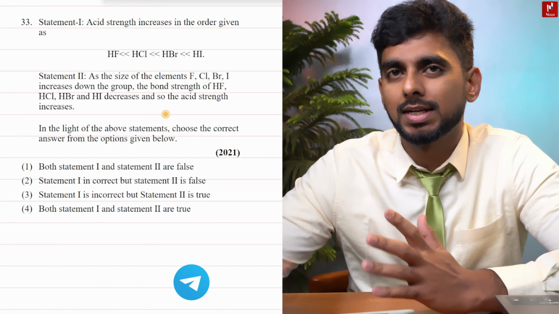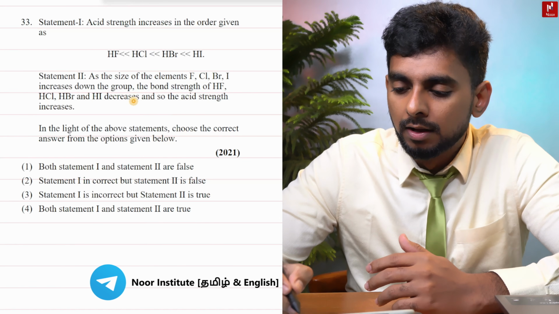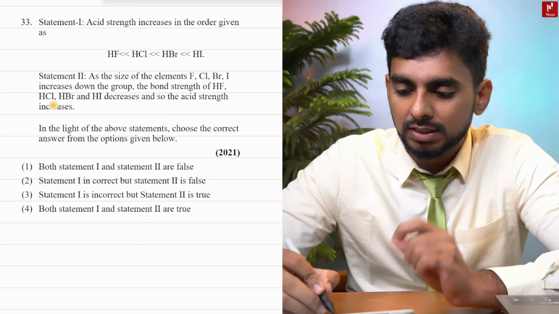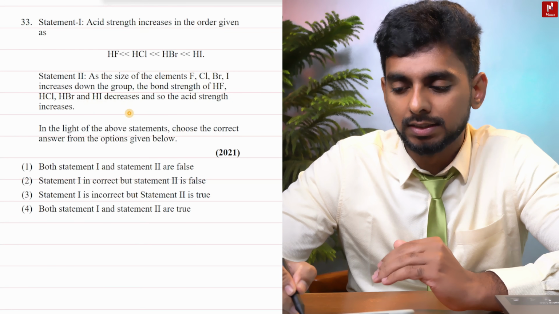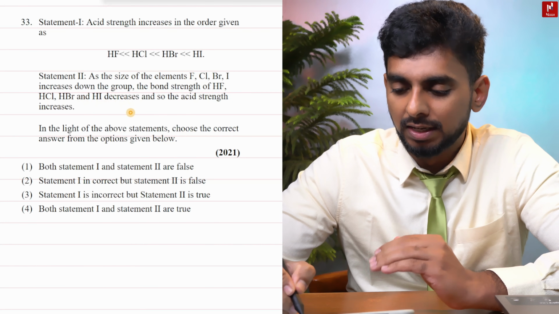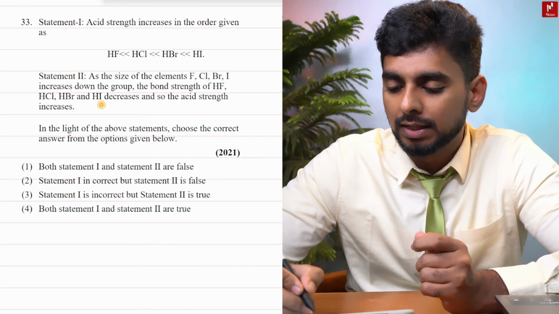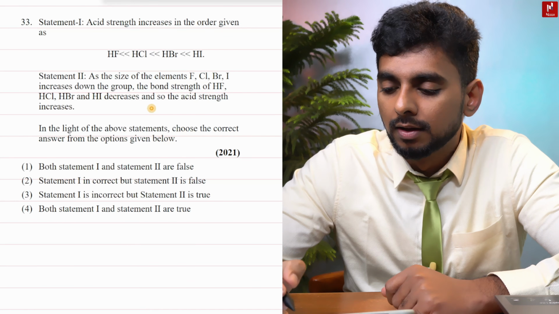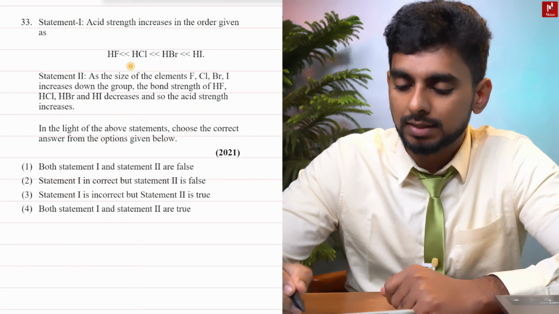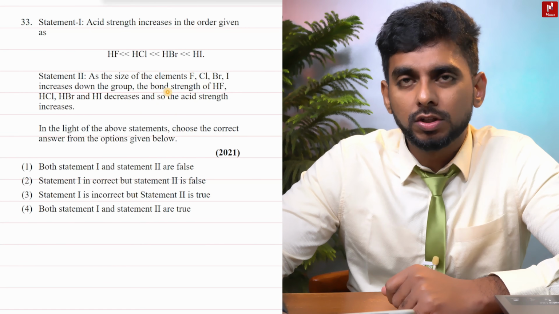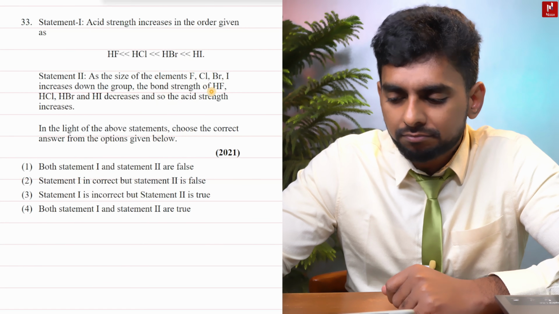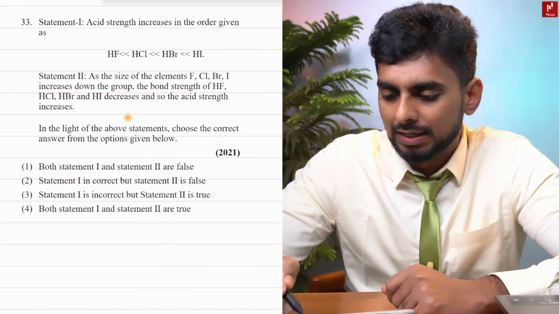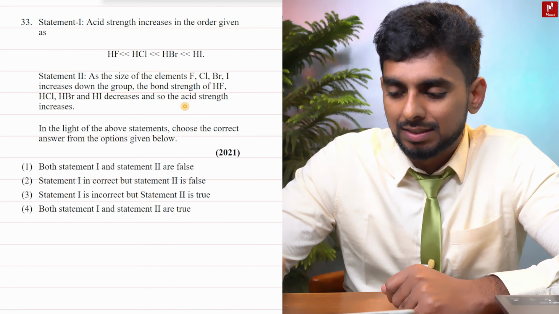So this basic understanding has to be clear as of now. The bond strength decreases because the length between the iodine and the hydrogen is going to be greater. Therefore, it will be easy for me to break, and so the acidic strength increases, right? You should clearly know this idea. So obviously that has to be the correct statement, because that's the reason.